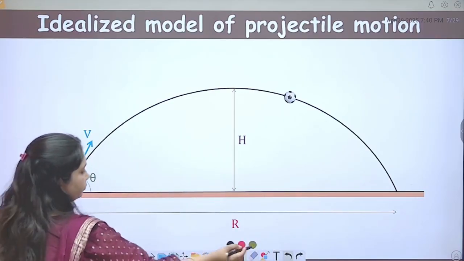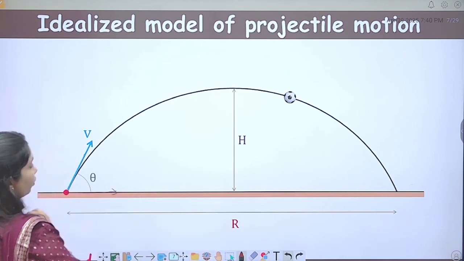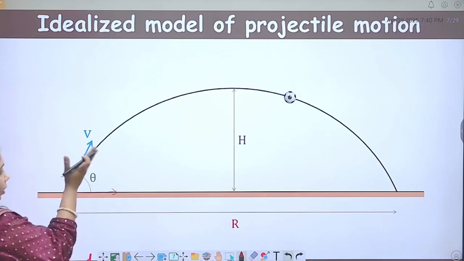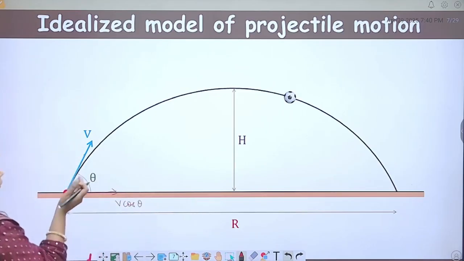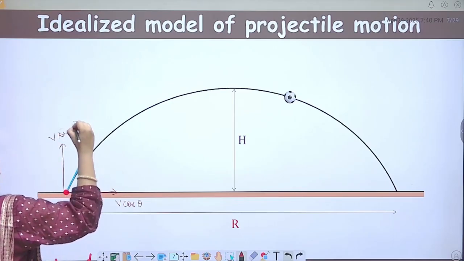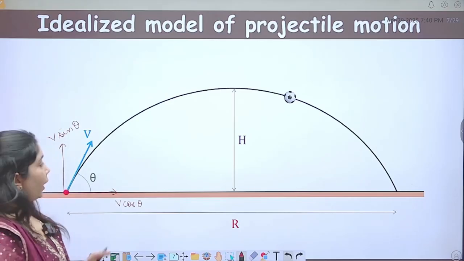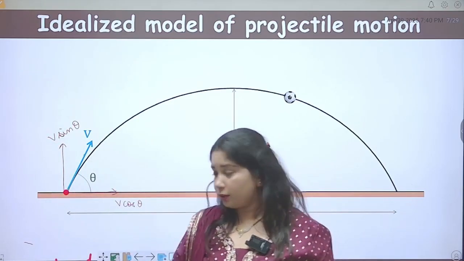The resolution of the vector: V along theta is V cos theta, and V at 90 degrees is V sin theta.